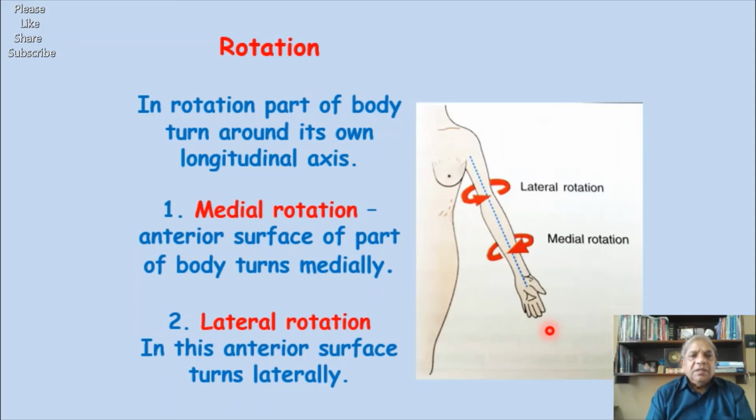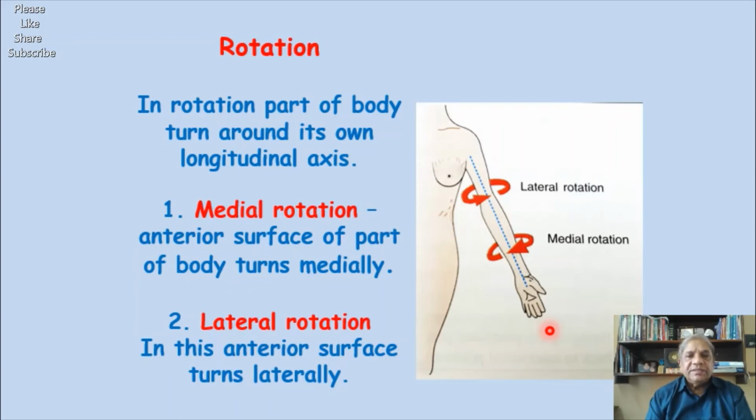Here the part of the body, as I am showing you the upper limb, will turn around its own longitudinal axis. The limb will turn around. It has nothing to do with the whole body, it is only the limb.